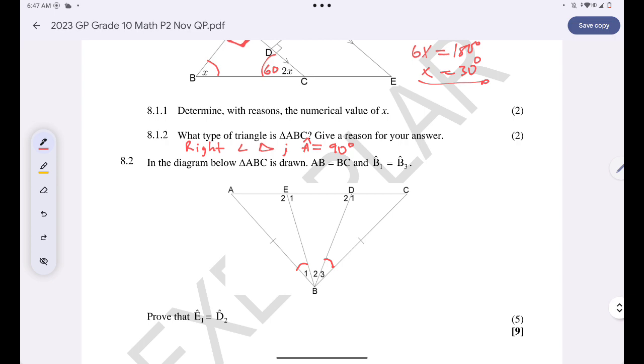Okay, if we check, triangle ABC is an isosceles triangle. When the two opposite sides are equal, it simply means the base angles are also equal. And together, they want us to show that E2 and D1 are equal. Okay, how can we do that?